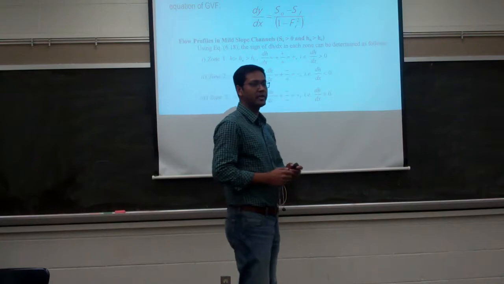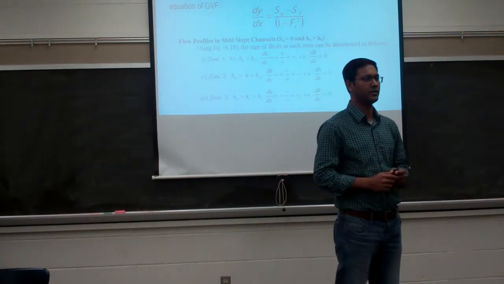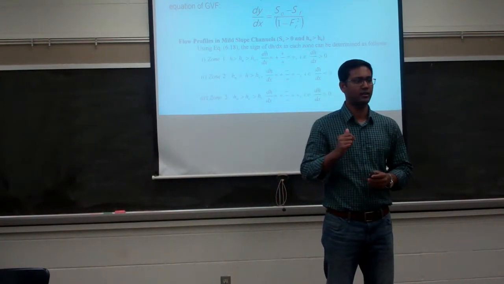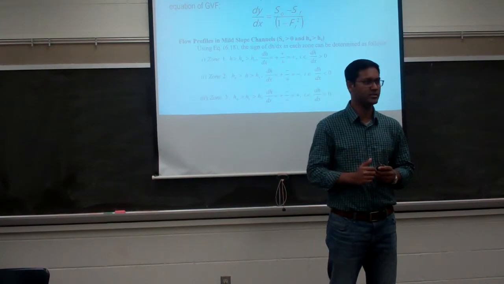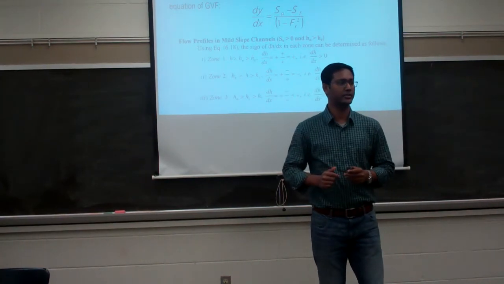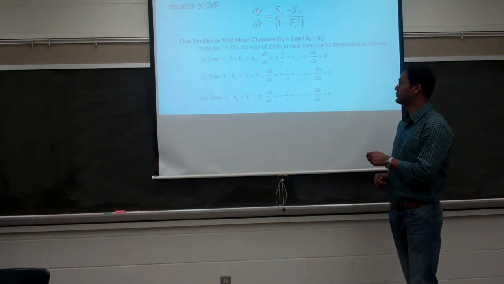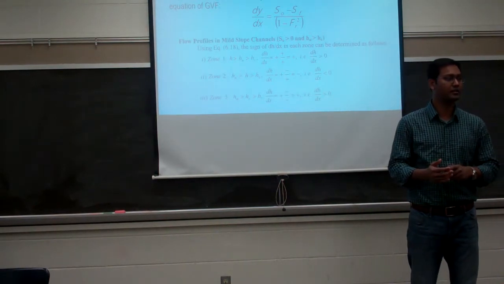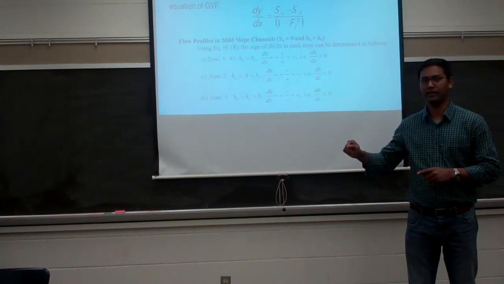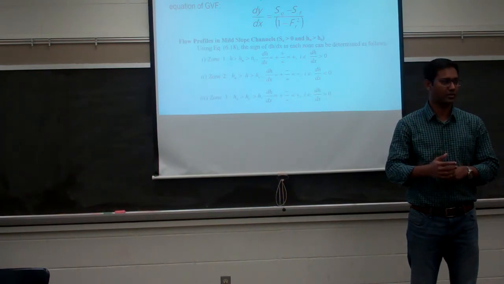So we know the equation of gradually varied flow. We derived this equation from the energy equation. So this is the equation, we know that. And in the previous lecture, we also learned how to determine whether the profile is a drawdown or a backwater curve.